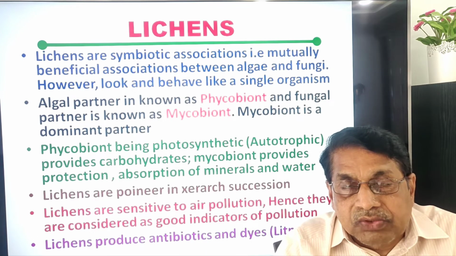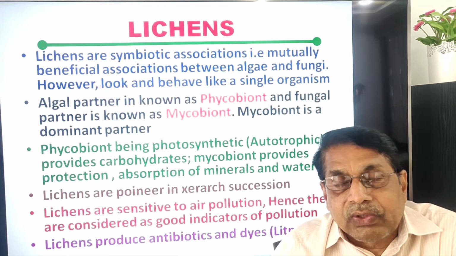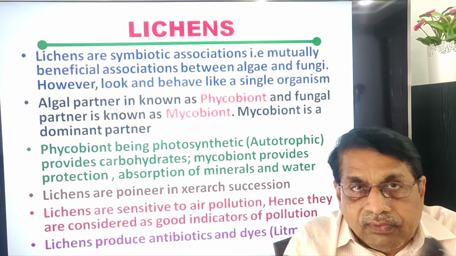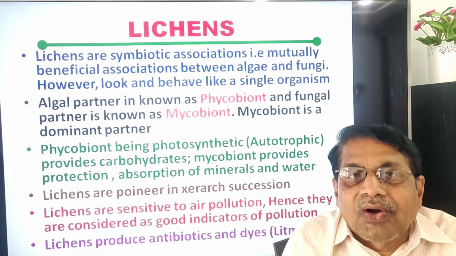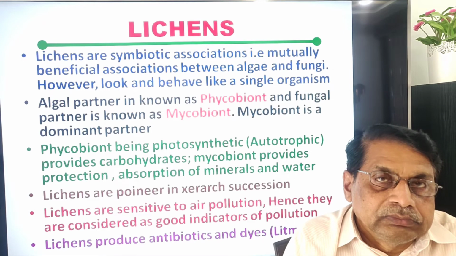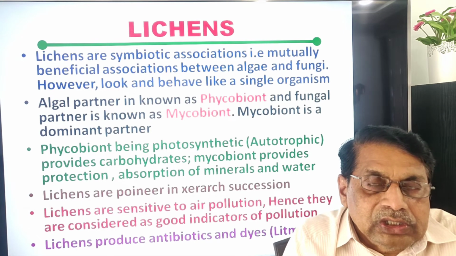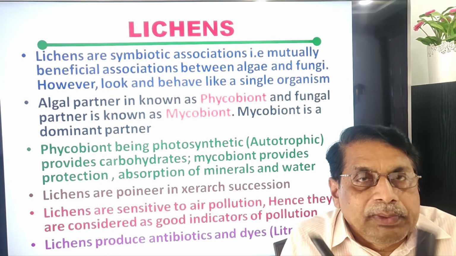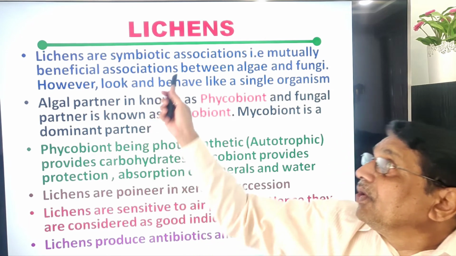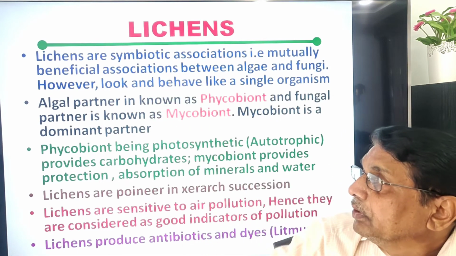Two different organisms: one is phototrophic, another is heterotrophic. An alga and a fungus live together. That is called lichen. This association is mutually beneficial, helping each other. That is called symbiosis.